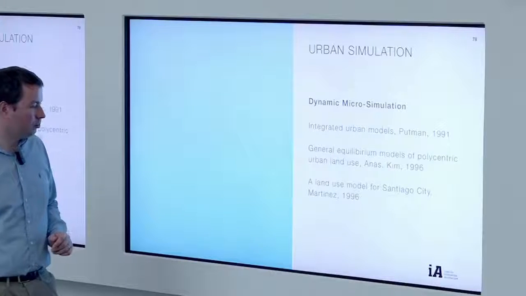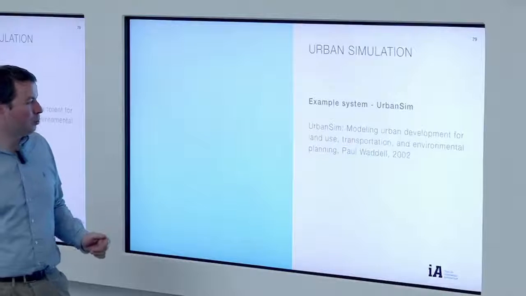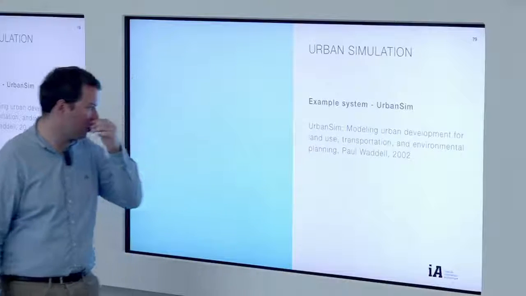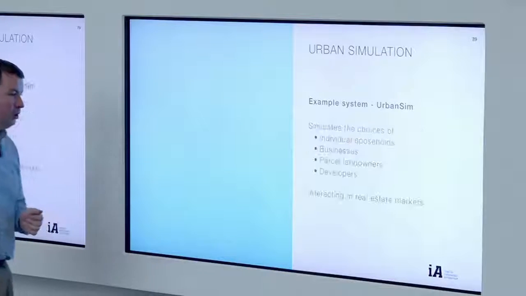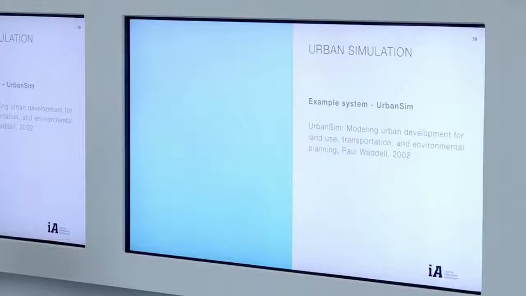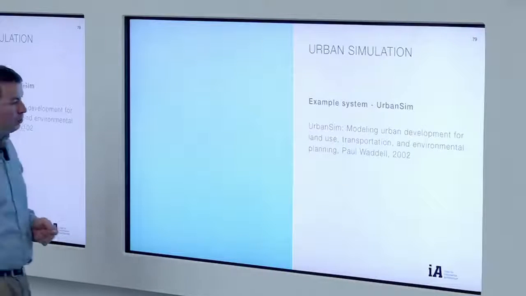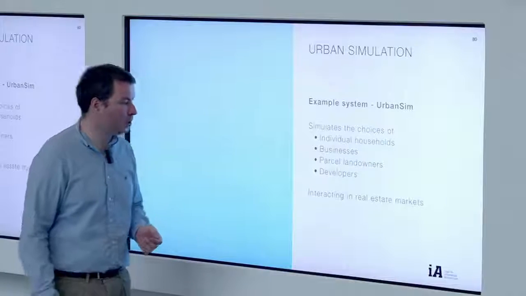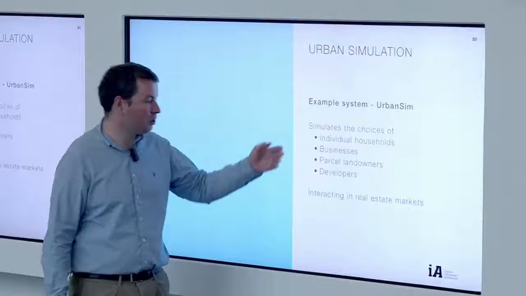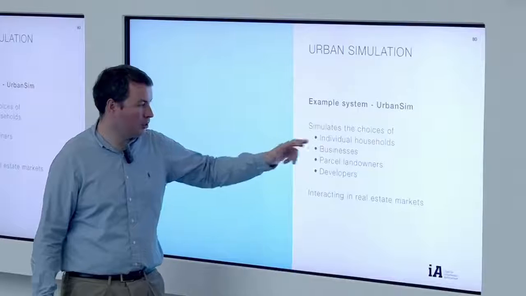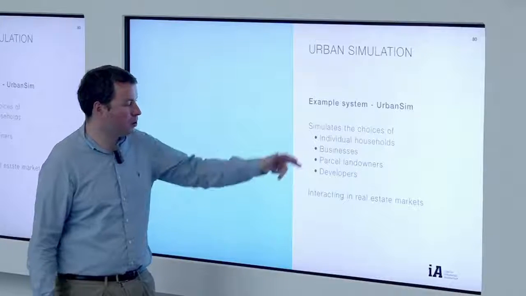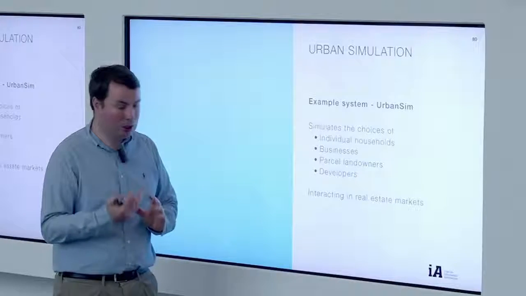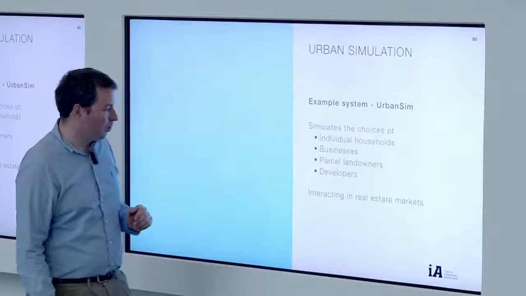And maybe one of the most advanced systems is actually UrbanSim, which is open source. You can download it, but it's very hard to set up without knowledge about these things. But what is very interesting in UrbanSim is you can really simulate the choices of individual households, businesses, parcel landowners. You can really describe development scenarios.